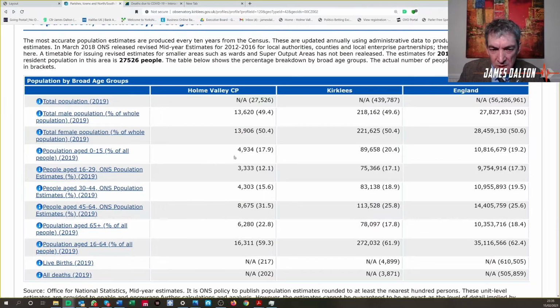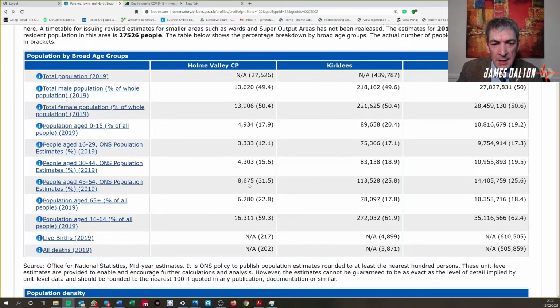Age population 0 to 15, children, around about 5,000. School leavers up to the age of 29, just over 3,333, and 30 to 44 age group 4,303, and then 8,674 for the 45 to 64, and over 65s 6,280.